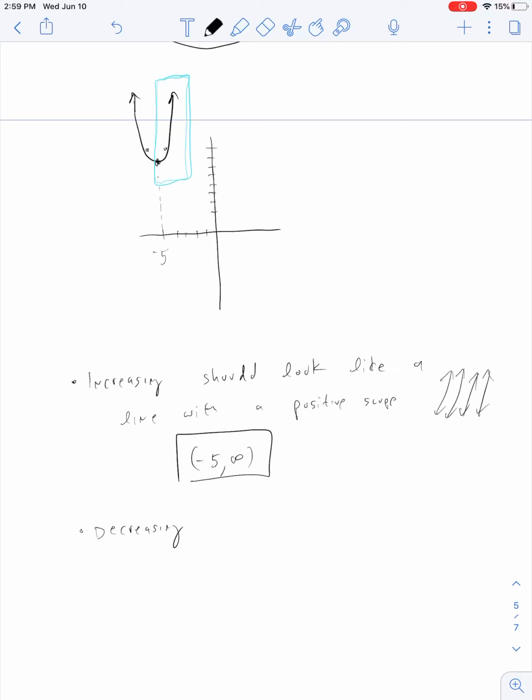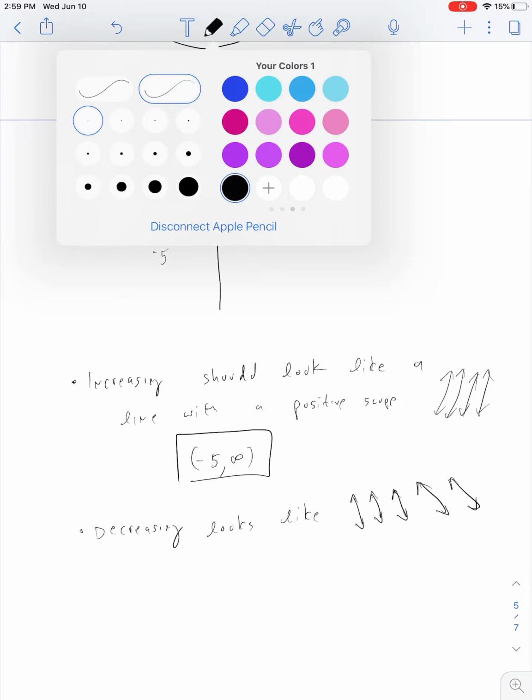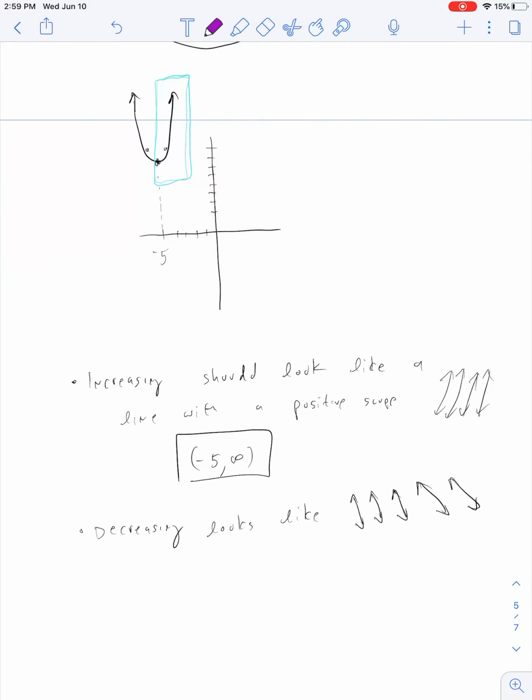Decreasing looks like this. All right, and that's what we see on this side. A line looks like it's going down. So this is showing the decrease side.